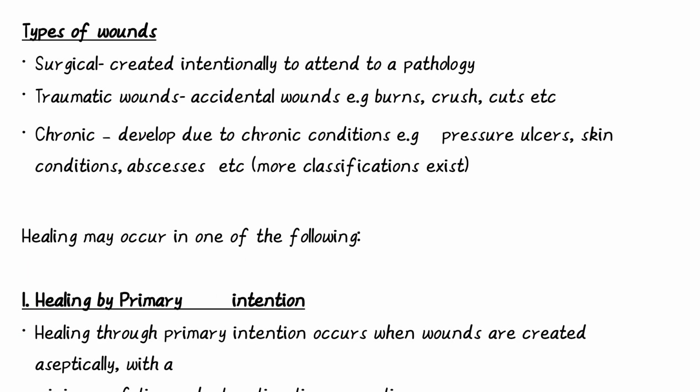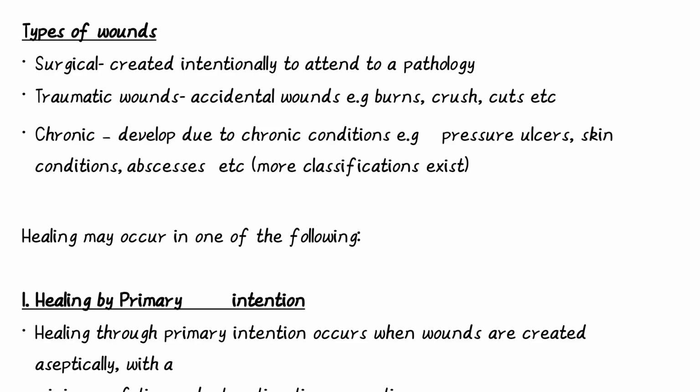So after looking at that, let's look at the types of wounds. We generally classify wounds into three types: surgical, traumatic, and chronic wounds. Surgical wounds are always created intentionally to attend to a pathology.